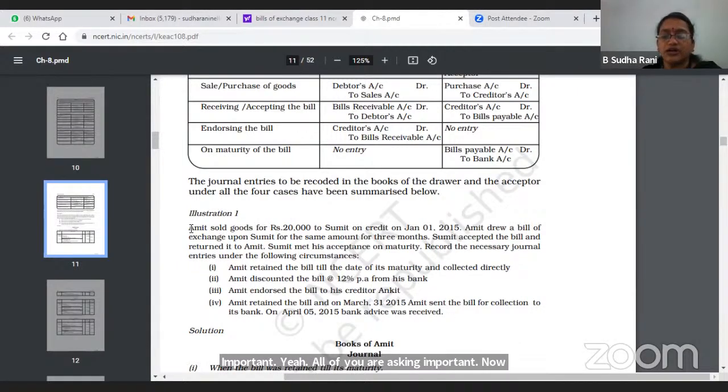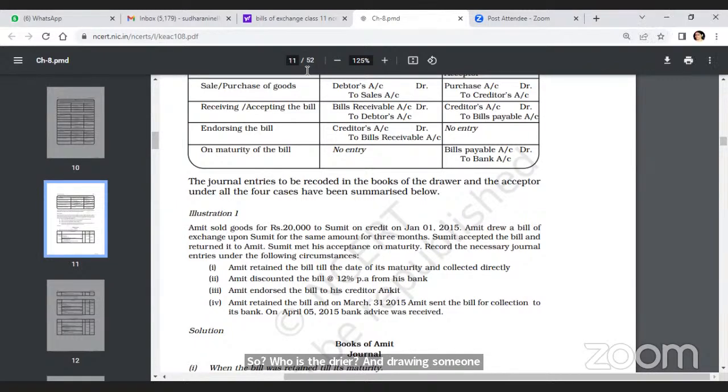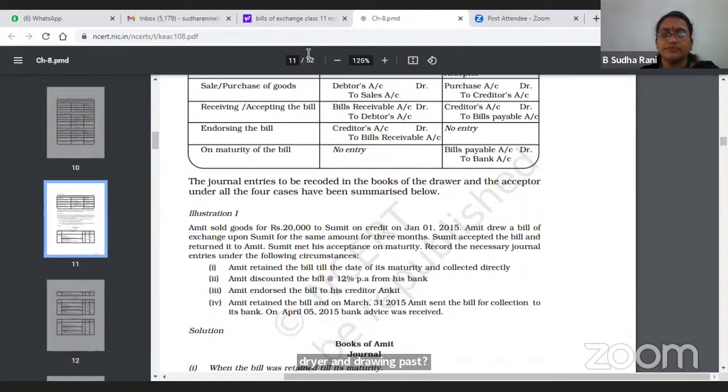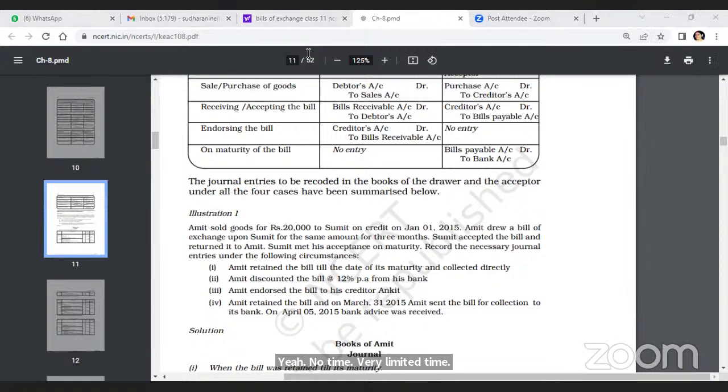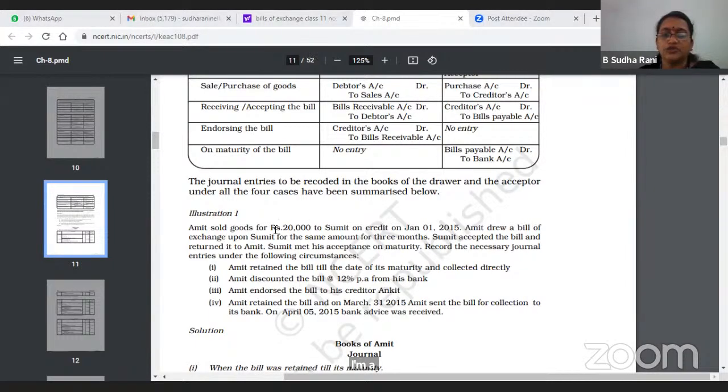Now I would like to hear from you all. Who is Amit here? Who is the drawer and drawee? Come on, fast. We have very limited time. Amit sold goods to Sumit on credit. So who is drawer and who is drawee?